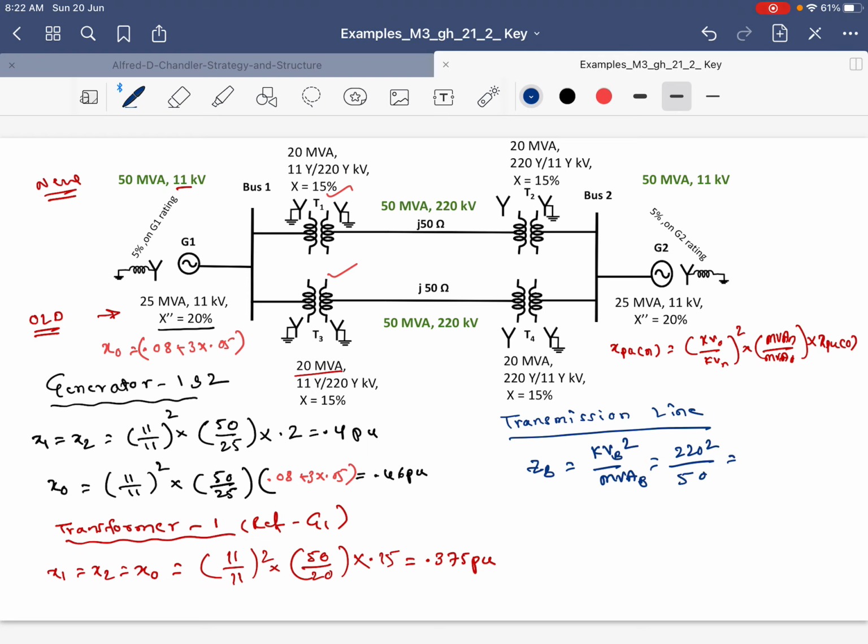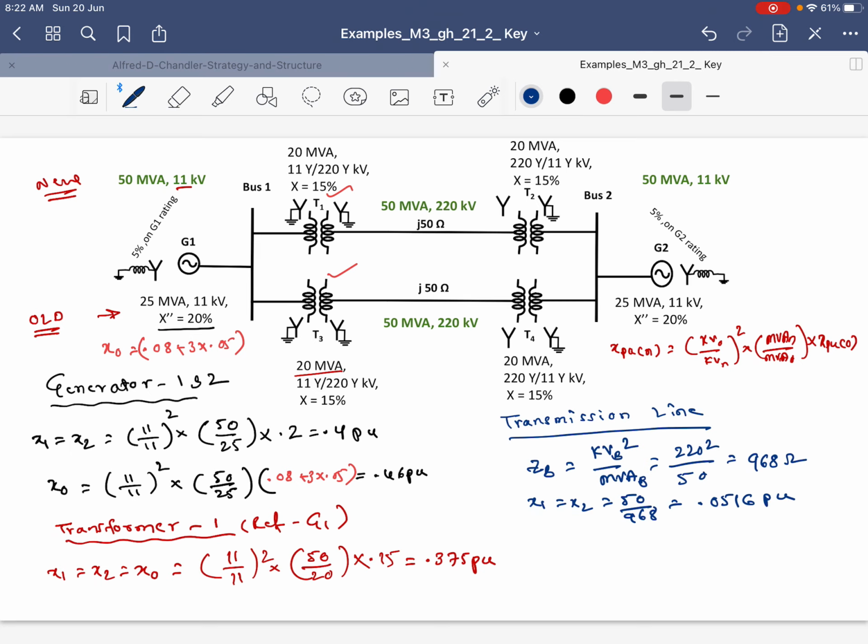Therefore the value of ZB for the transmission line network that we are getting is 968 ohm. Therefore x1 is equal to x2 is equal to 50 divided by 968 to get the per unit value. Therefore what I am getting is 0.0516, which is the per unit value of x1.